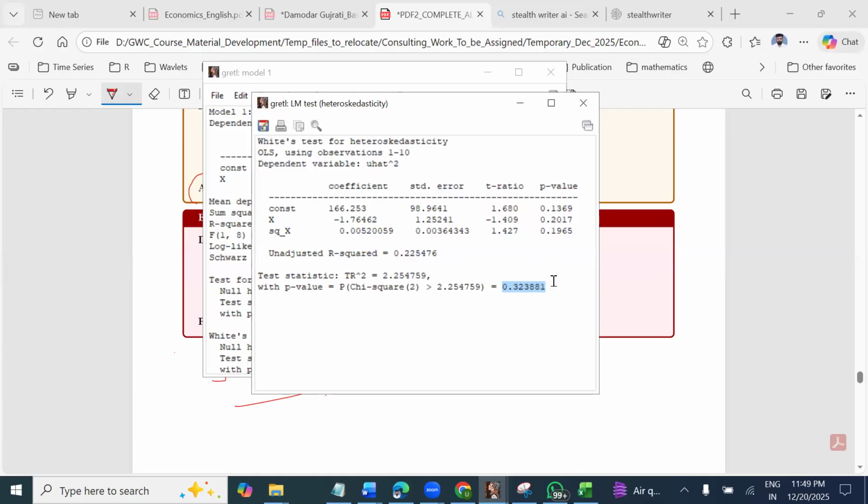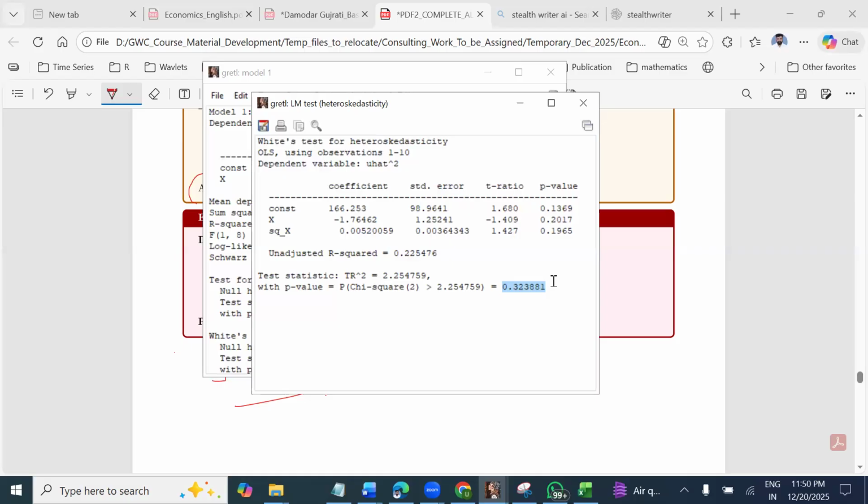What will be the conclusion if the p-value is greater than 0.05? Then what is the conclusion, Sangeeta? If it is greater, then we do not reject the null hypothesis. If it is less, then we reject the null hypothesis. Yes.